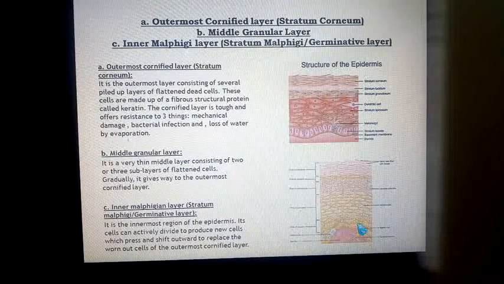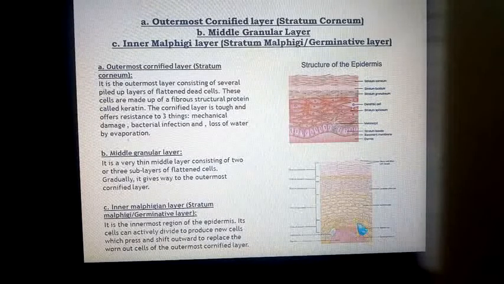Got it? Now, the middle layer is called the granular layer. It is a very thin middle layer consisting of 2 or 3 sublayers of flattened cells. Gradually, it gives way to the outermost cornified layer, the inner Malpighian layer.